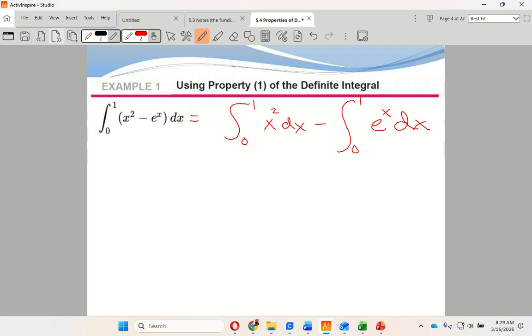All right, right here, integrate that. That's going to give me x to the third over 3 from 0 to 1 minus e to the x from 0 to 1.